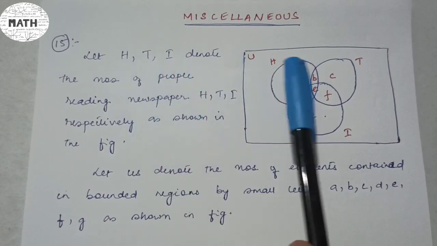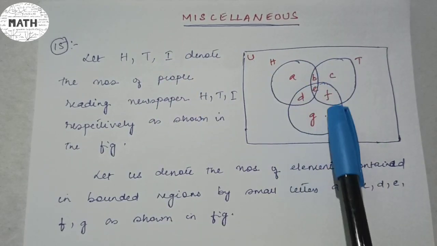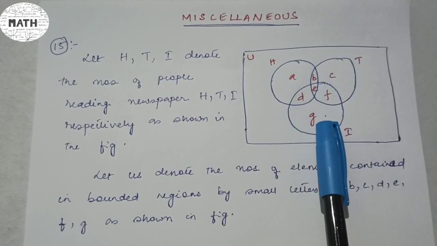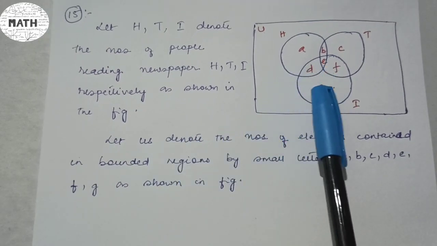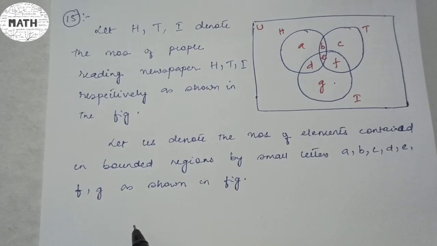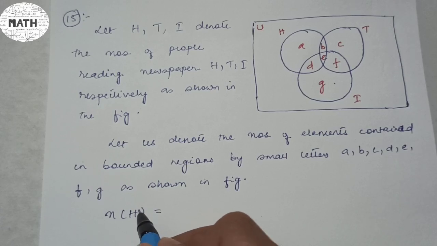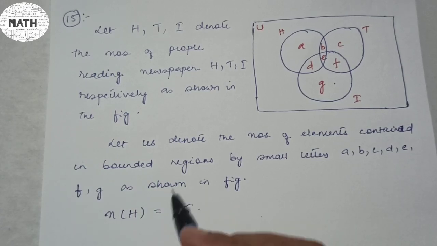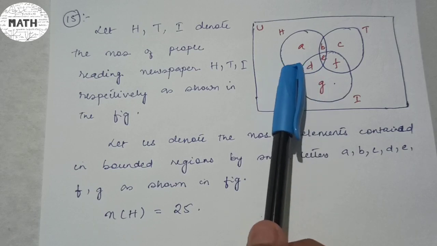So H, T, I are your circles, which represent newspaper H, newspaper T, newspaper I, and A, B, C, D, E, F, G represent the number of elements contained in the regions. I hope you're clear. So n of H, how many read newspaper H, is 25. If you can see, the H circle is this one.